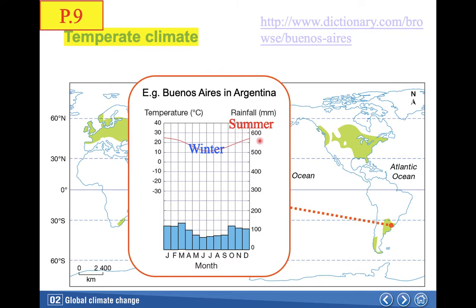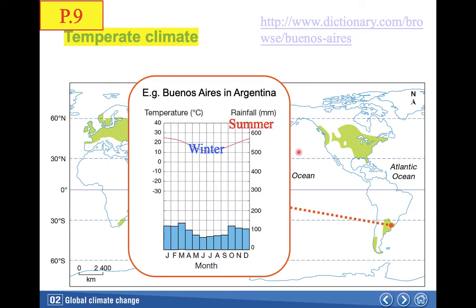Their summertime is in December, January to February. However, their winter is in our summertime, between May to August or September. Later on I will show you a video telling you why the northern and southern hemispheres have summer and winter at opposite times.